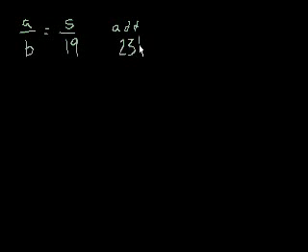Okay, let's say that the ratio of apples to bananas in a basket is equal to 5 to 19. And when we add 23 bananas, the ratio of apples to bananas, and actually let's just write it right now.